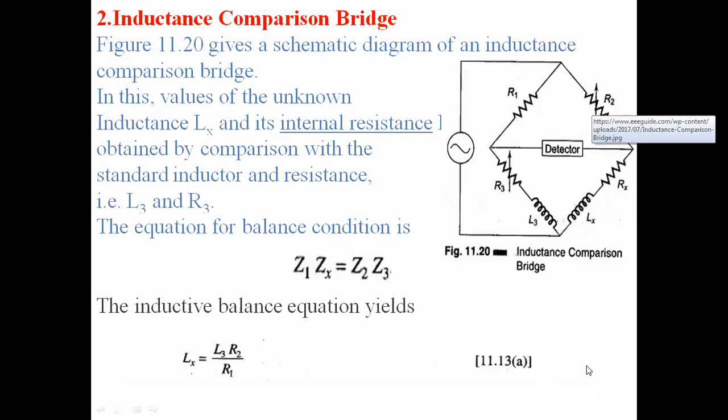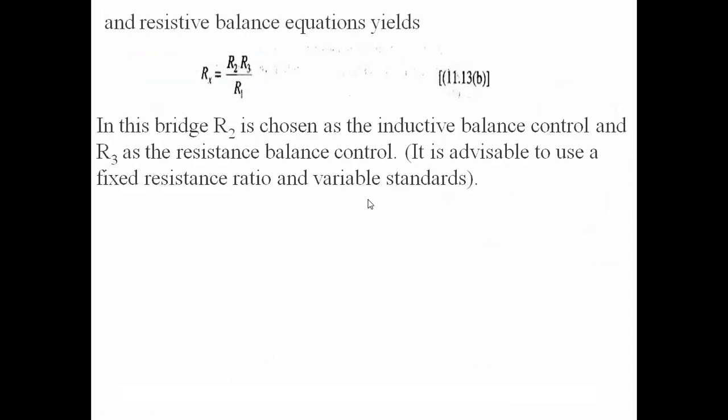By adjusting R2, we can get the inductive balance, and by adjusting R3 we can get the resistance balance. Generally, fixed resistance ratio or variable standards can be used.